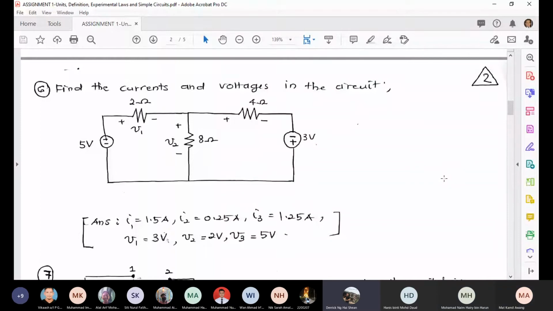I1 is the current through the 2 ohm resistor, I2 is through the 8 ohm resistor, I3 is through the 4 ohm resistor.